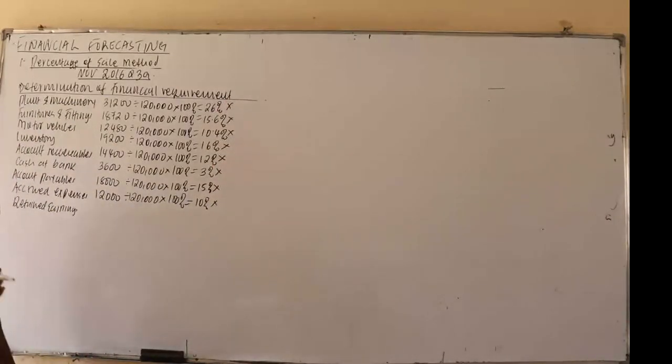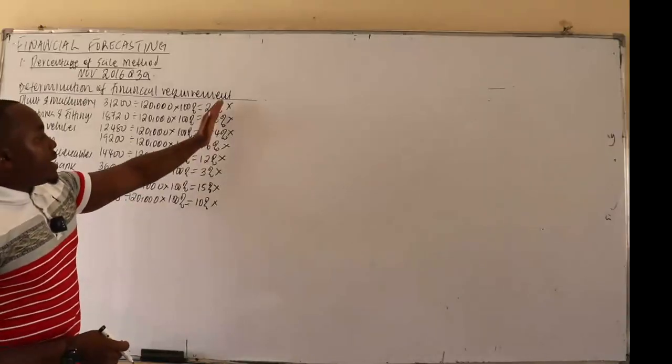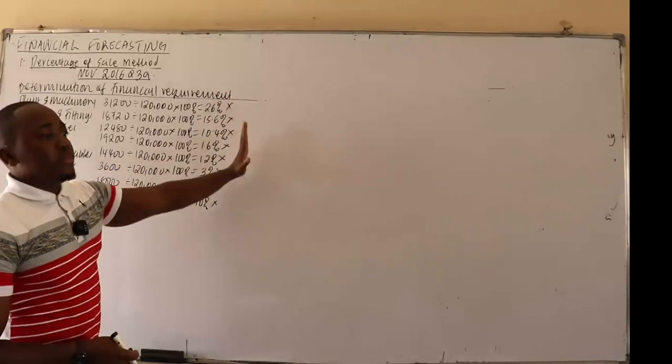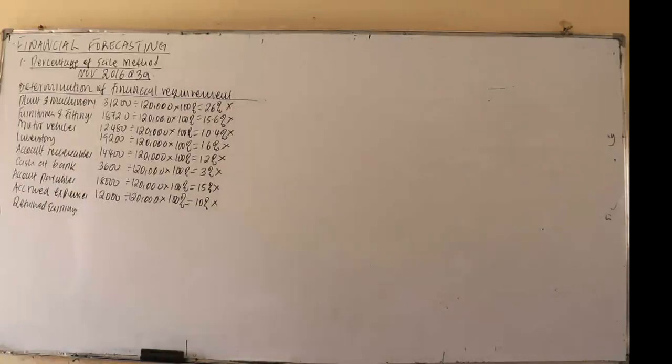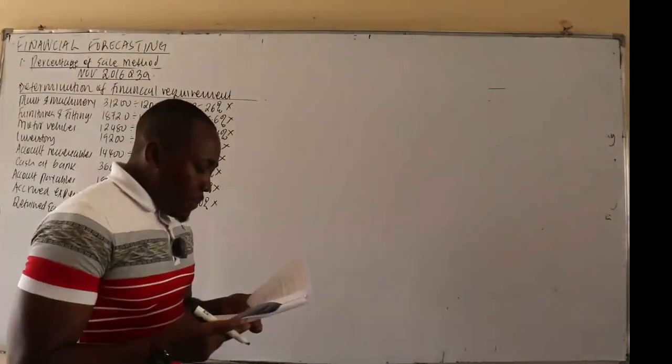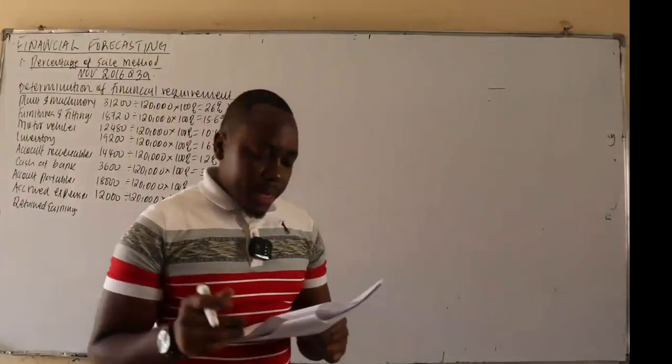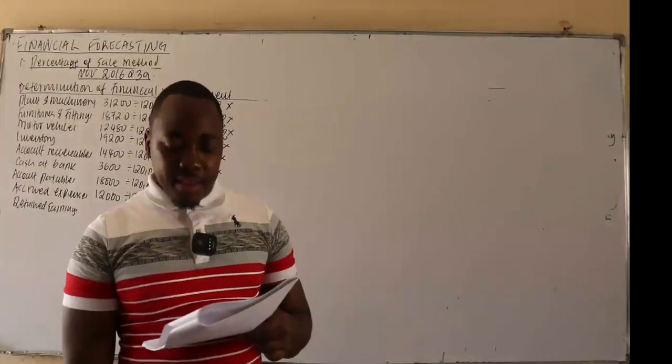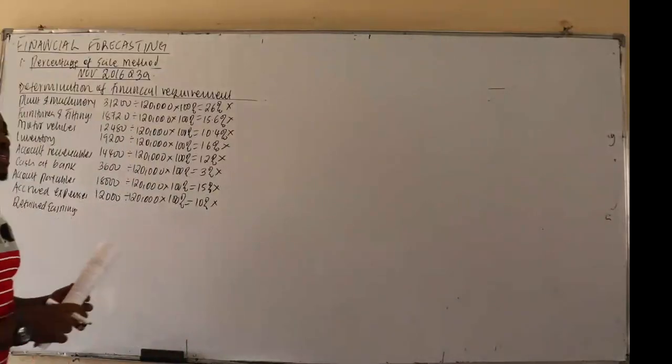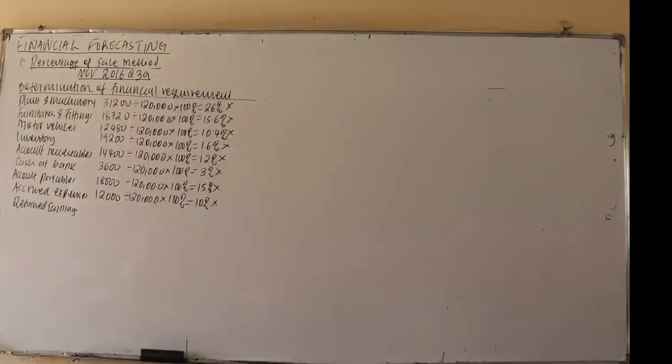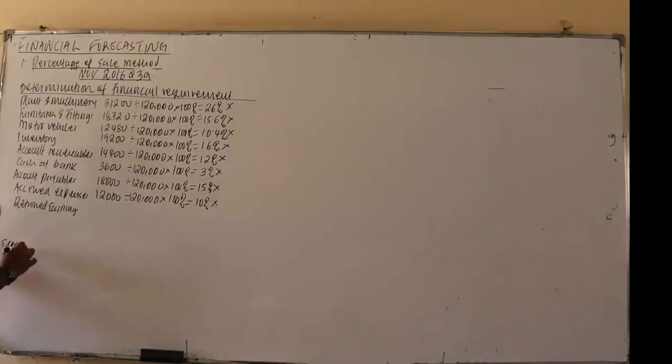The next step is you multiply the percentage of sales by the expected incremental sales. So how much is the incremental sales? We read number two: the company forecasts that sales will increase by 10% for the year ending 31st of December 2016. So how much is our expected sales?